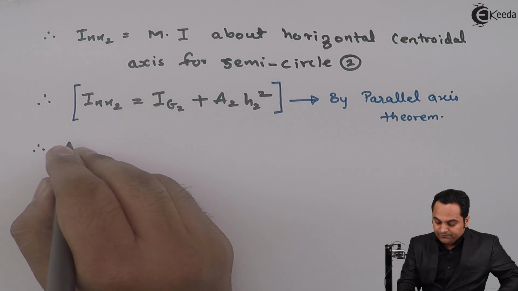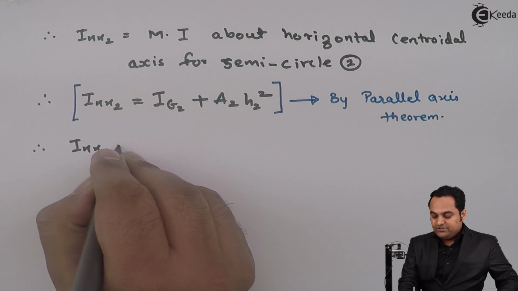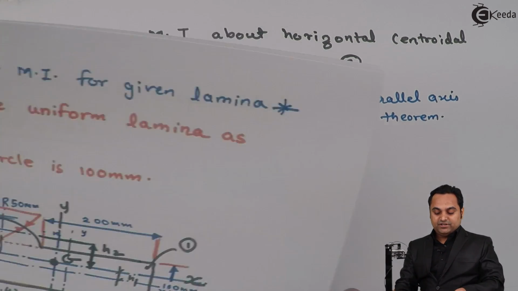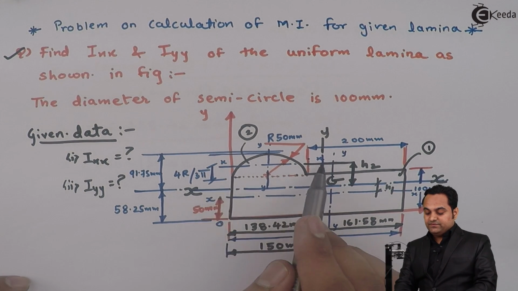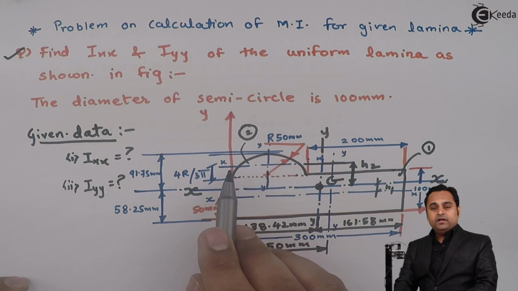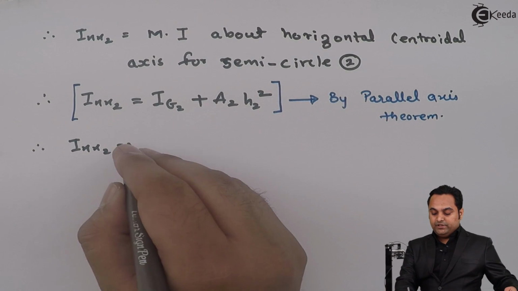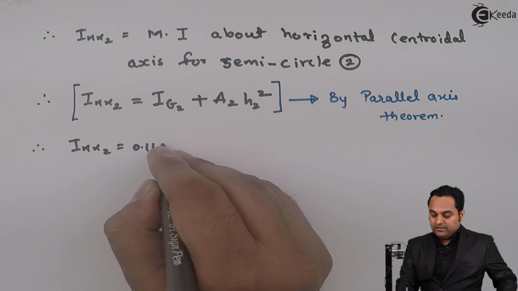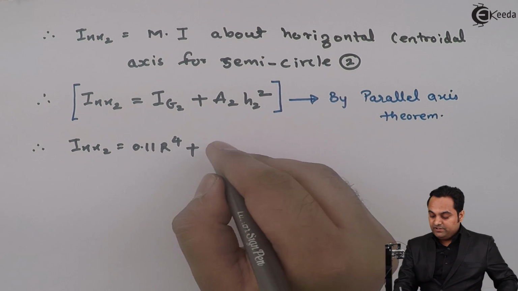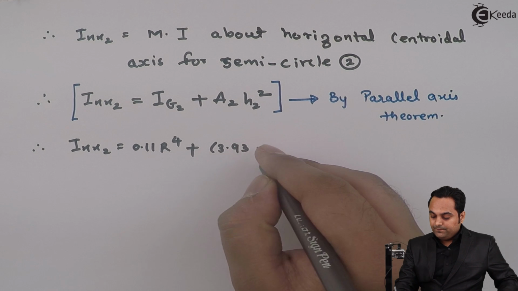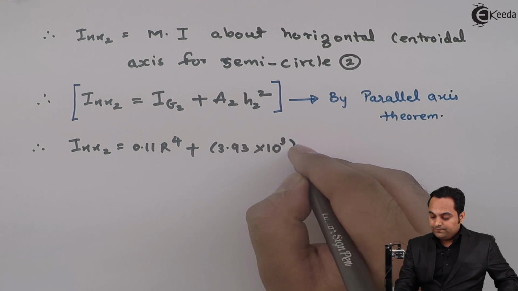Now therefore Ixx2, Ig2 is the moment of inertia for the semicircle about its own x-axis, which is at 4r upon 3 pi distance, and that formula is 0.11 r raised to 4, plus area 2 we have calculated previously, 3.93 into 10 raised to 3.